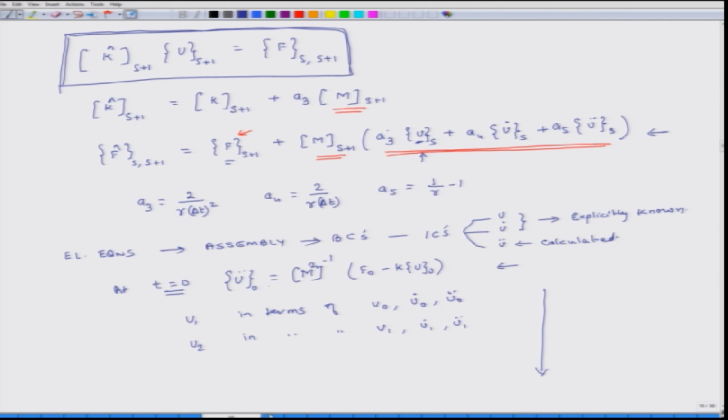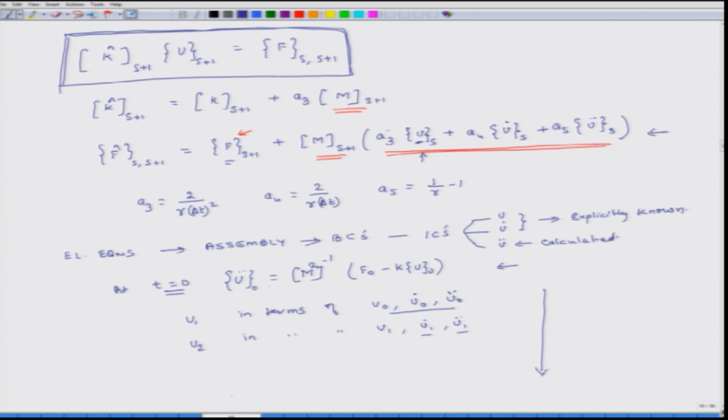And the last thing is that at the end of each time step, suppose I have calculated u1, then for the next time step I have to calculate velocities and accelerations.